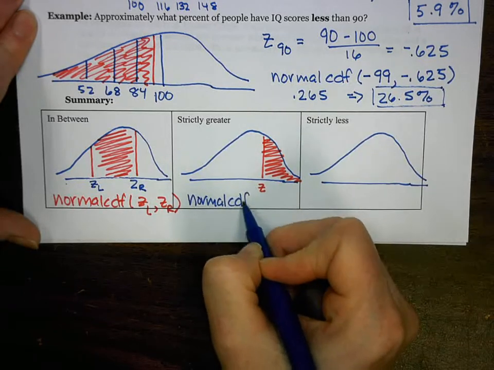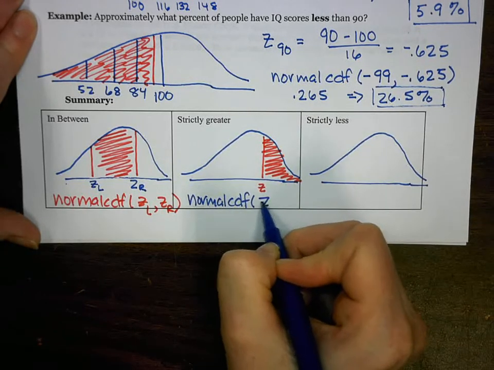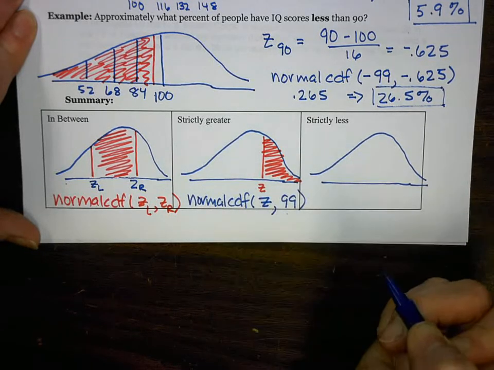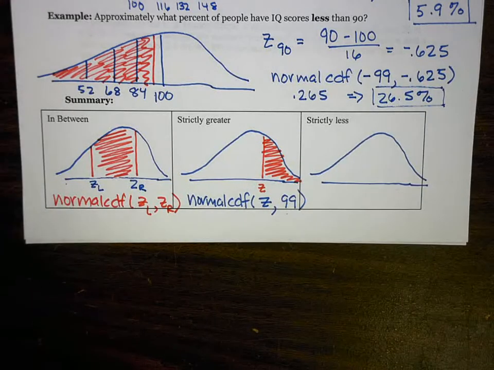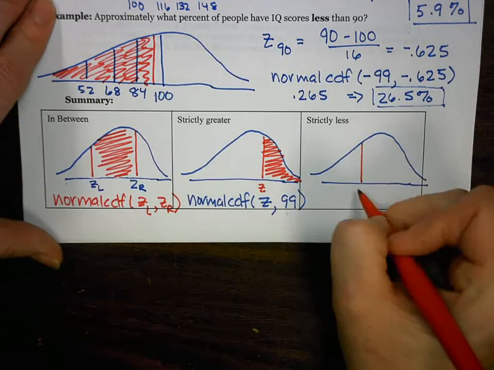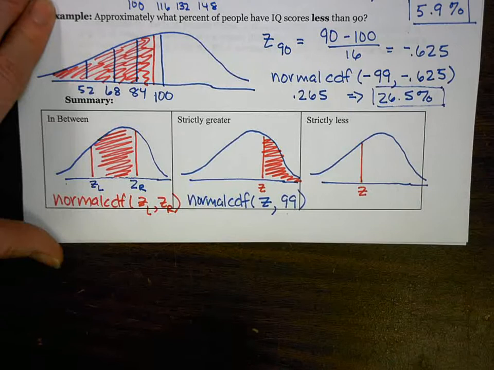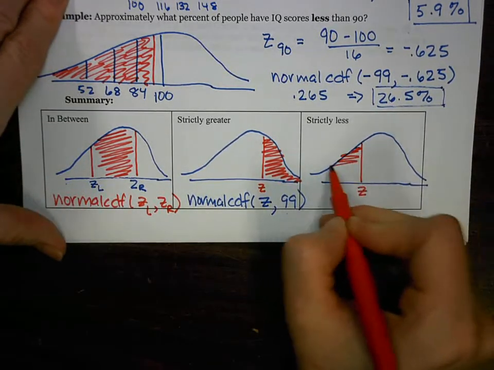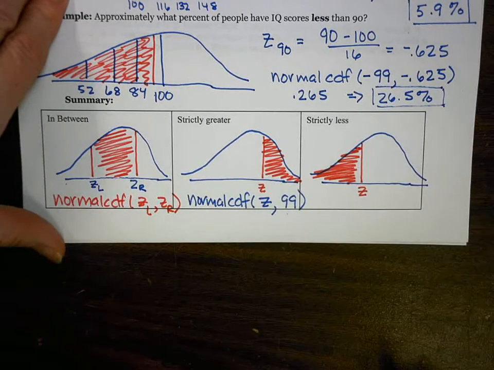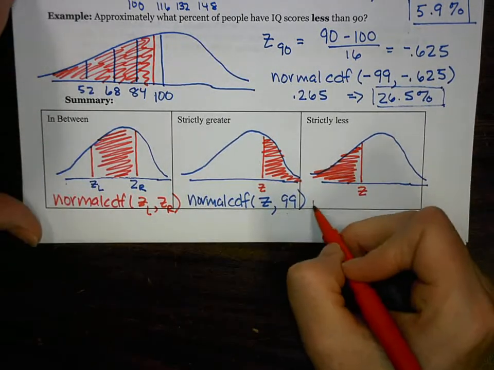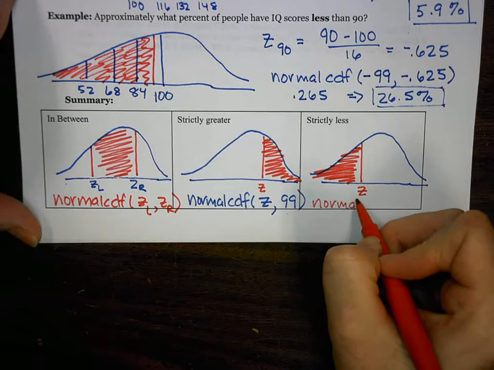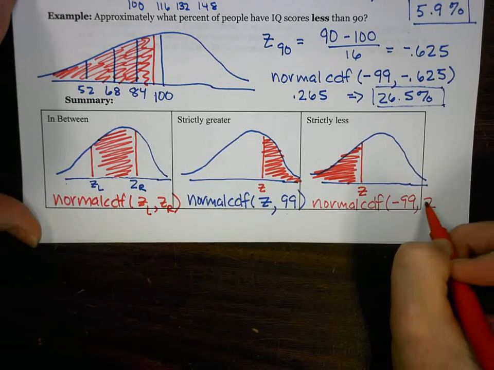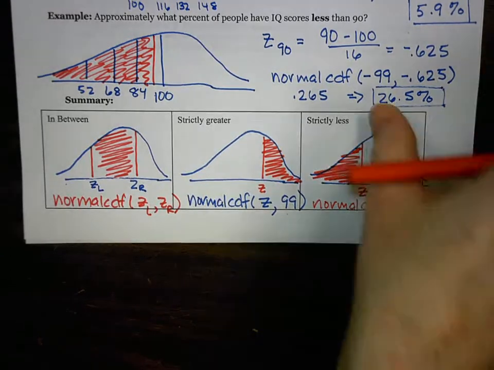Normal CDF: here we have the z-score and then positive 99 because it's greater. And then if we want less, we have a certain z-score. We could call it z-right or just z. And then we want to find out what percent of people are less than that. So it's normal CDF, negative 99, the z-score.